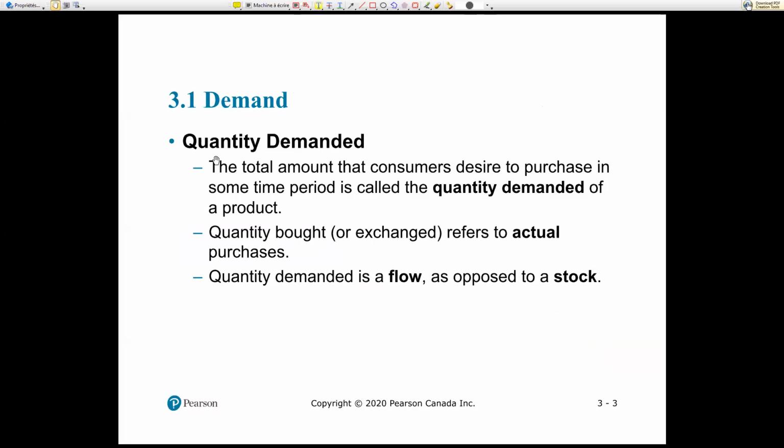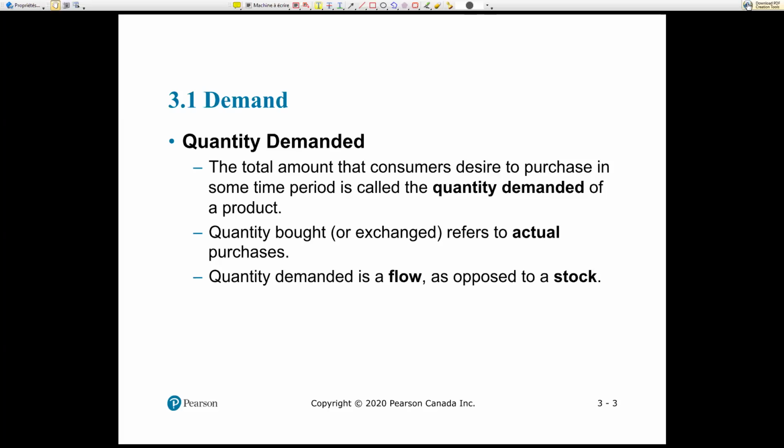All right, so quantity demanded is: if all the prices in all the stores in Quebec for chicken were $20, for instance, or maybe that's too expensive, maybe $10, then what is the quantity demanded? That would be the amount of chicken that would be bought by consumers.